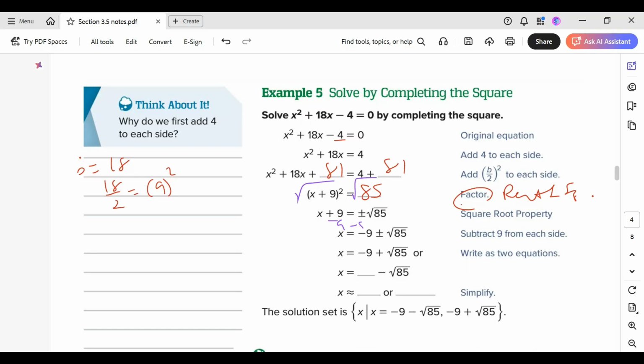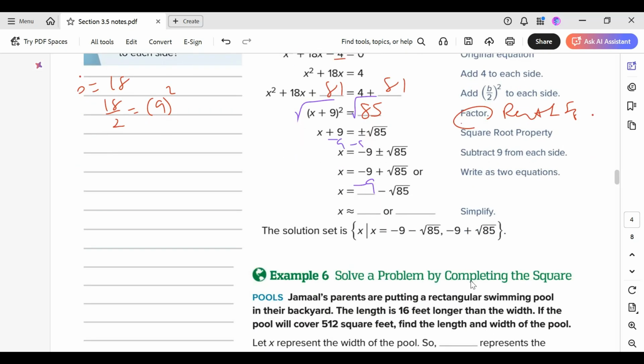So we have -9 plus the square root of 85 and -9 minus the square root of 85. When we put those into the calculator, decimal-wise, we become 0.22 and -18.22. I would have just left it as the setup piece.